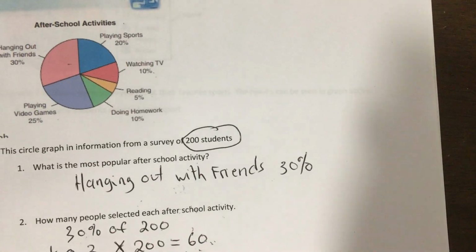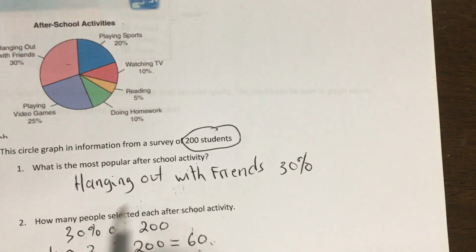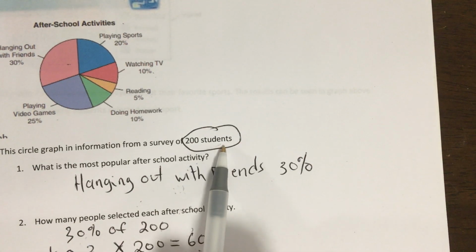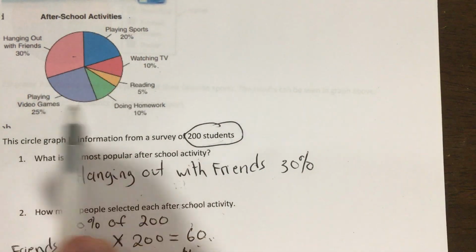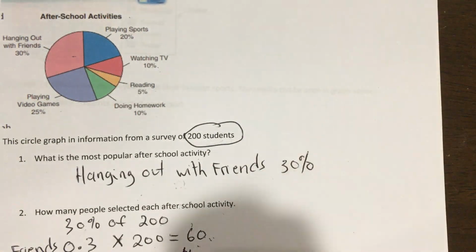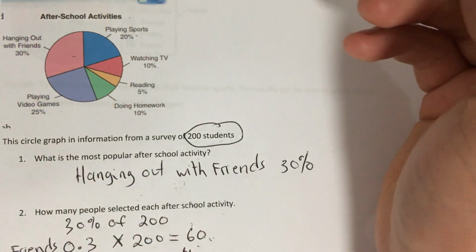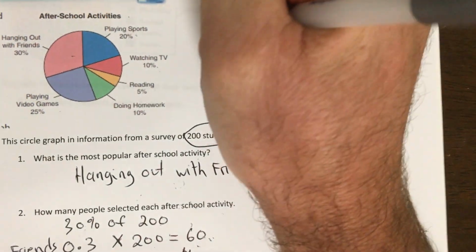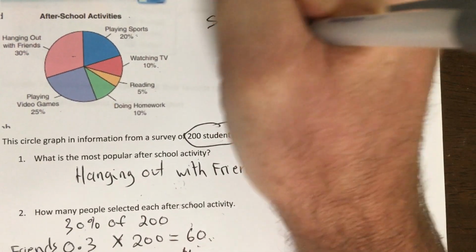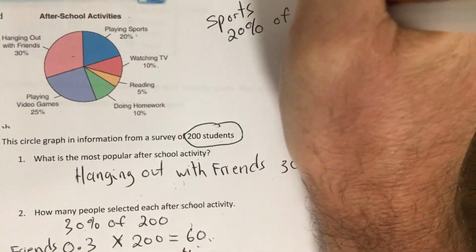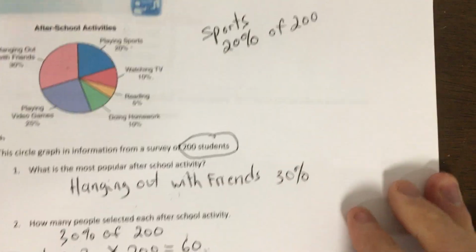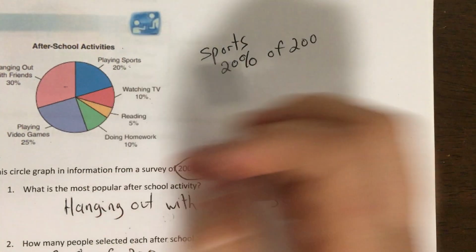Okay? So to summarize, if a question asks how many people selected an option in the data presented in the circle graph, what we do is take our percent. So if we want to find the number of people, it was 20% of the 200 people who selected that they like to play sports after school.